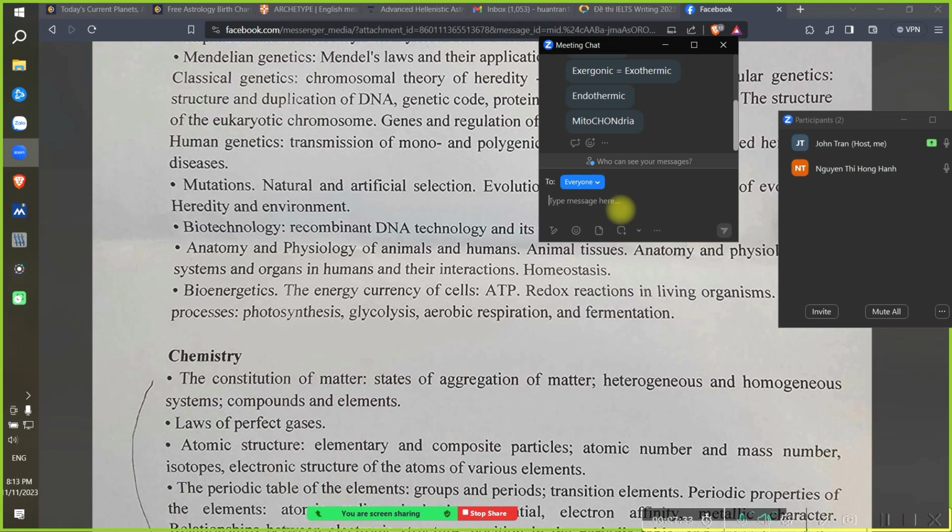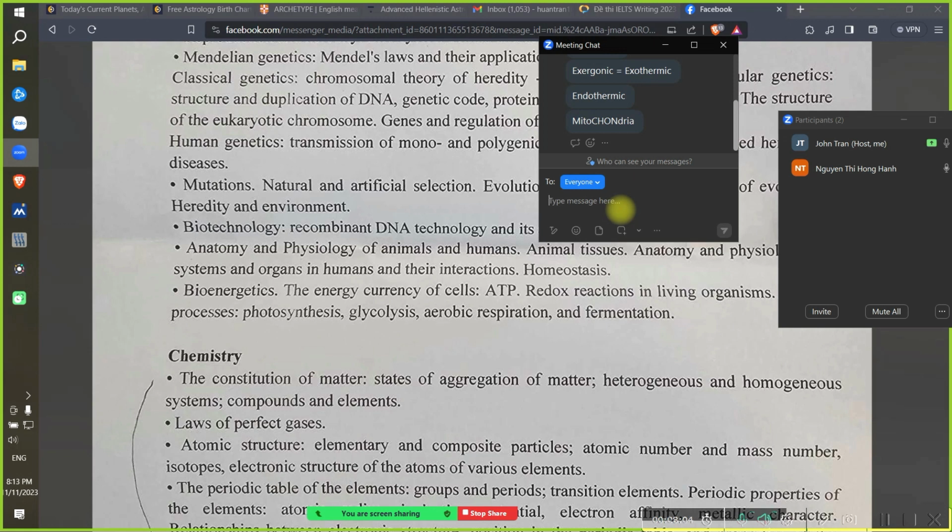Slowly. Yeah, mitochondria. ATP is produced in the mitochondria, which can be found inside of cells.